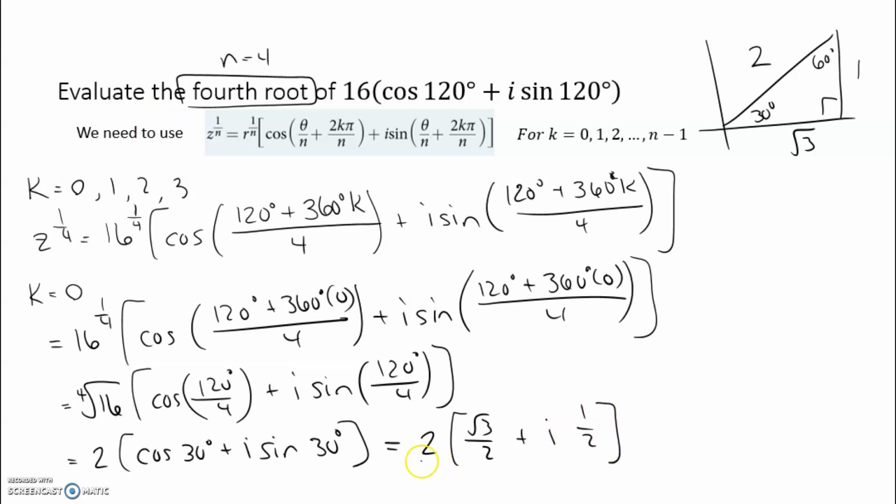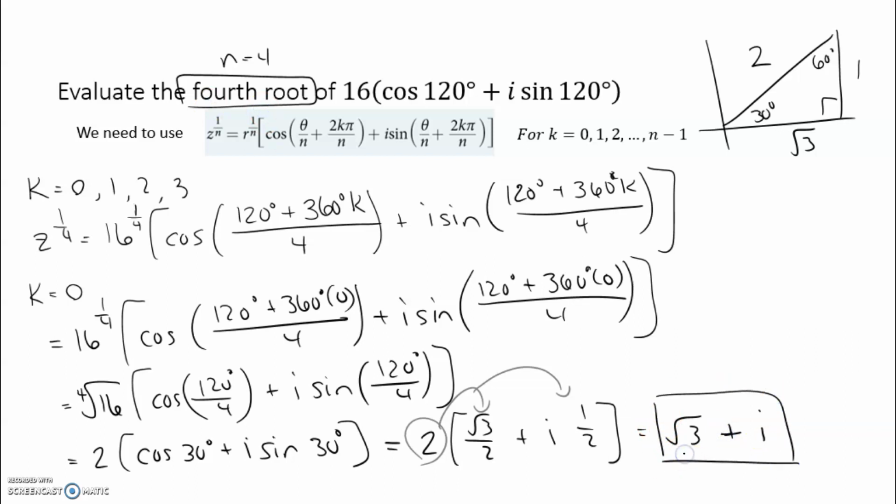Then distribute this 2 to this term and to this term. So really I have a 2 on the top, a 2 on the bottom, and they will cancel out. And this would be the square root of 3 plus 1i, or just i. So this is our first answer. We need 3 more after this one.